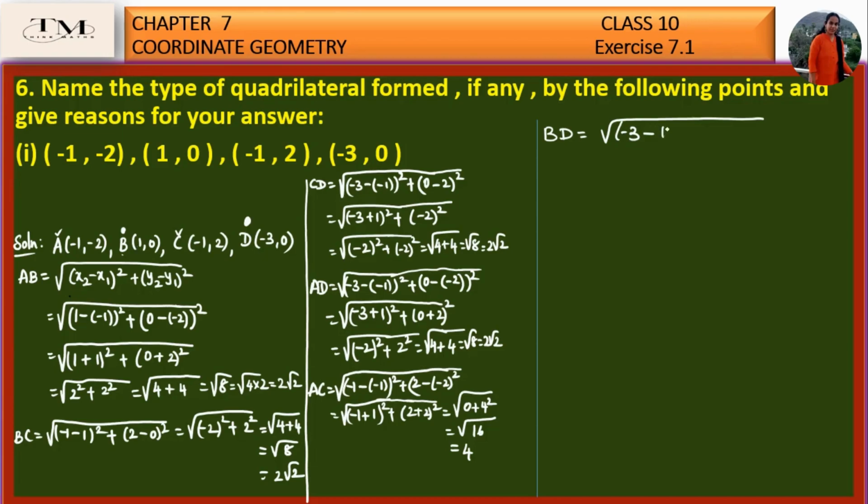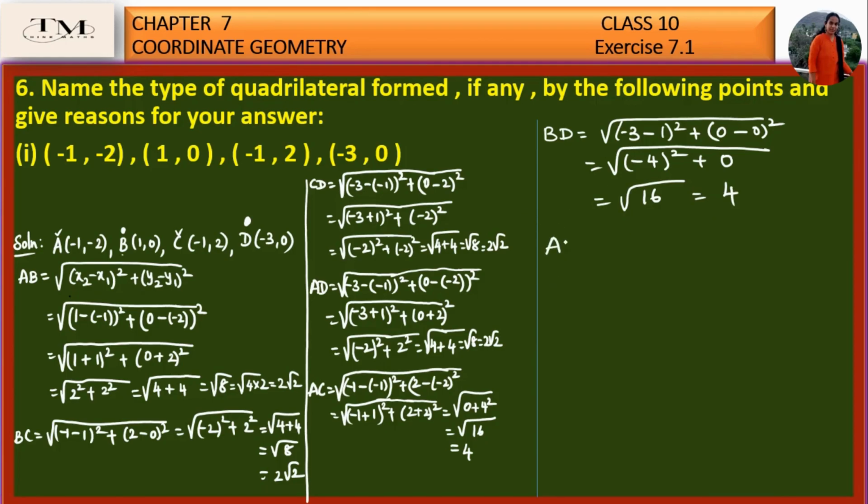So minus 3 minus 1 whole square plus y2. y2 is 0 minus y1 is also 0. So 0 minus 0 whole square, which is equal to, so minus 3 minus 1, both are negative, put a negative sign and add the numbers. So 3 plus 1 is 4. So minus 4 whole square. 0 minus 0 is 0. 0 square is also 0. So we will get minus 4 whole square is nothing but 16. So 16 plus 0 is 16. So root 16 is nothing but 4. So we got BD is equal to 4.